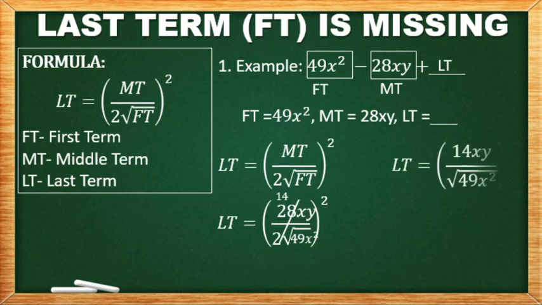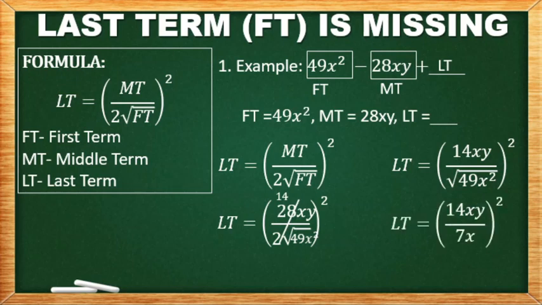So that is why Lt is equal to the square root of 14xy over the square root of 49x squared. And next, what is the square root of 49? 7. What is the square root of x squared? x. Combine, 7x. So therefore, our next solution, the square root of 14xy over 7x.